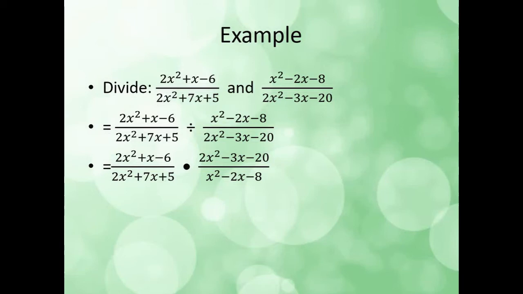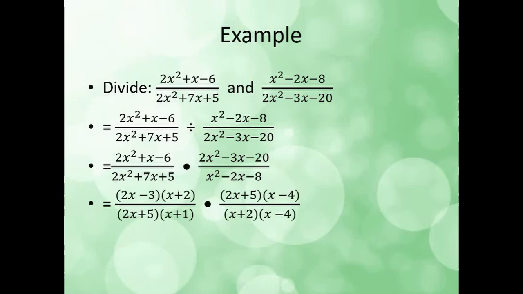By using factoring, this becomes (2x minus 3)(x plus 2) over (2x plus 5)(x plus 1), multiplied by (2x plus 5)(x minus 4) over (x plus 2)(x minus 4).